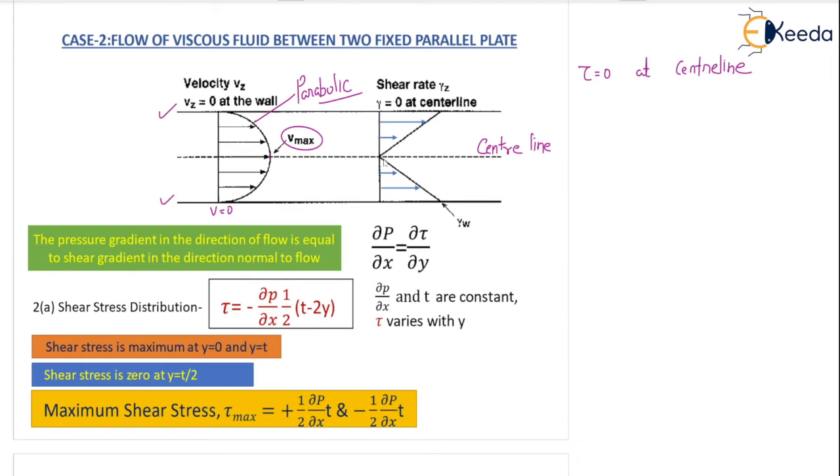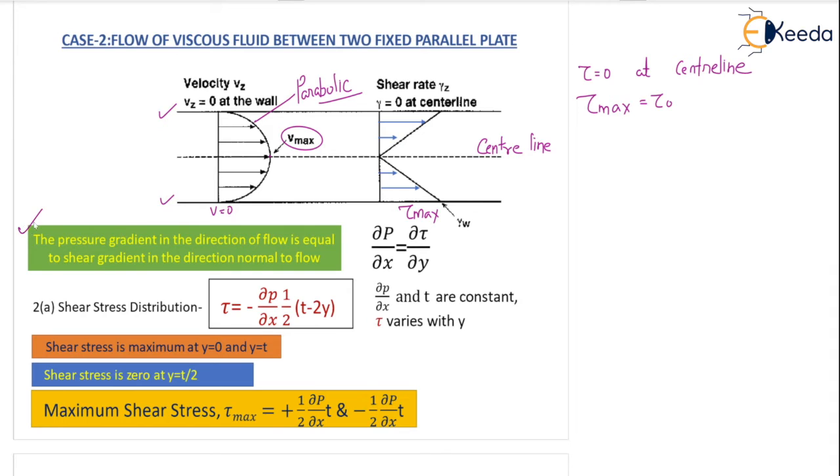If you go away from the center line, towards the wall, the shear stress keeps on increasing on both sides, correct? So shear stress is maximum at the wall, tau max, which is also written as tau naught, that is tau at y equal to 0, or zero distance from the wall.